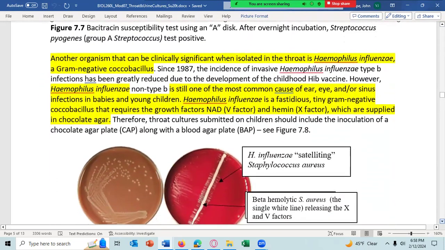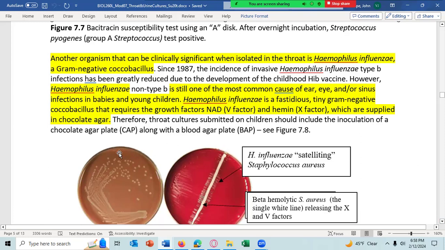All right, another organism that's clinically significant and is isolated from the throat of young children or babies is Haemophilus influenzae. This is a fastidious organism, but it does not grow on blood agar.